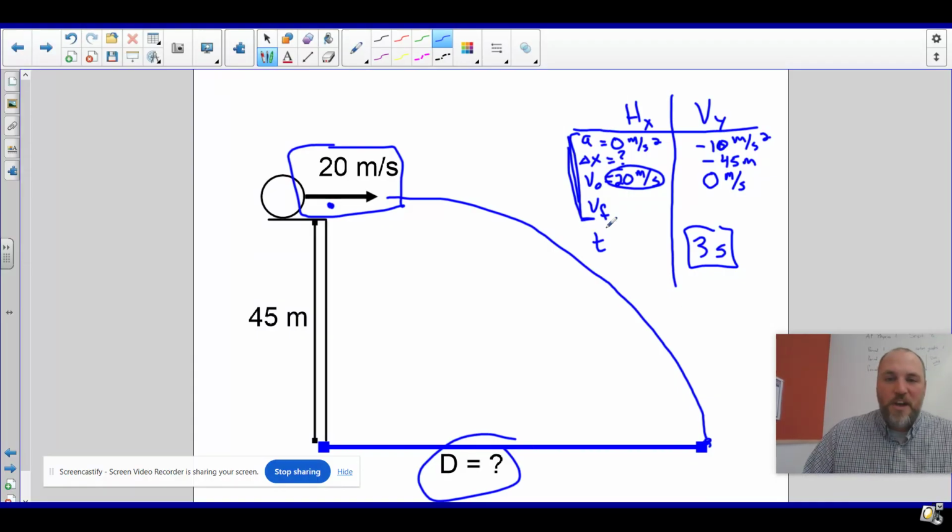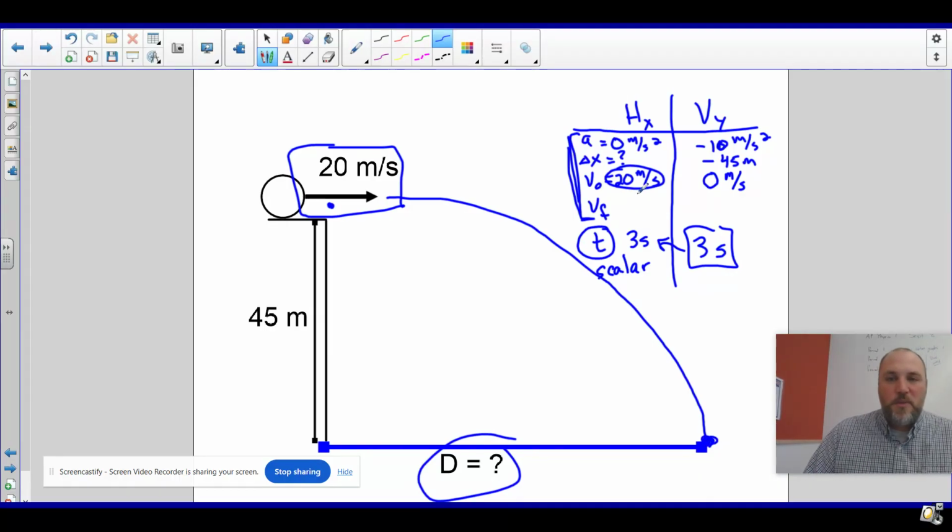However, time is a scalar value, which means 3 seconds in the vertical and 3 seconds in the horizontal mean exactly the same thing. Direction is not necessary. So I can use that 3 seconds that it takes to cover a vertical distance of 45 meters on the horizontal side.